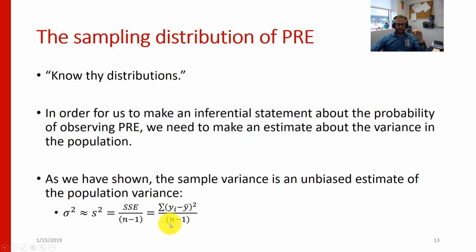Dividing by n minus 1 gives us an unbiased estimate of the population variance. So it might not be perfectly accurate, but in any given sample, the sample variance is an unbiased estimate of the population variance, and we can use that estimate to make a decision about how large a proportional reduction in error we find statistically interesting.